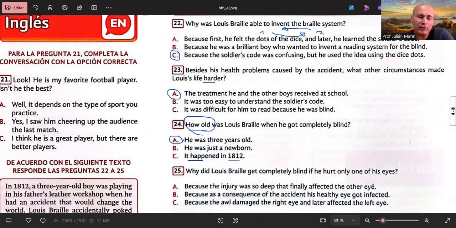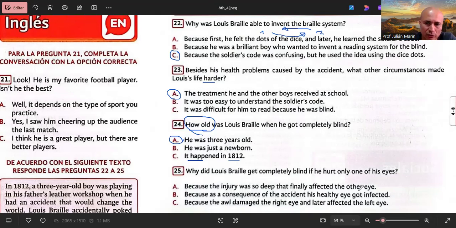And let's analyze question and options for question 25. Why did Louis Braille get completely blind if he hurt only one of his eyes? Let's see. A, because the injury was so deep that finally affected the other eye.